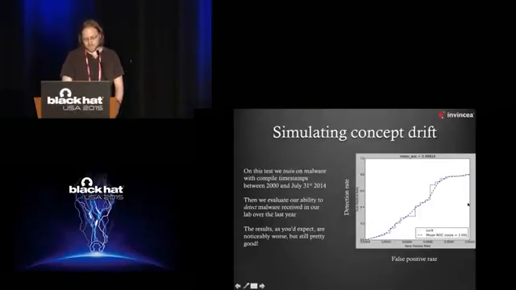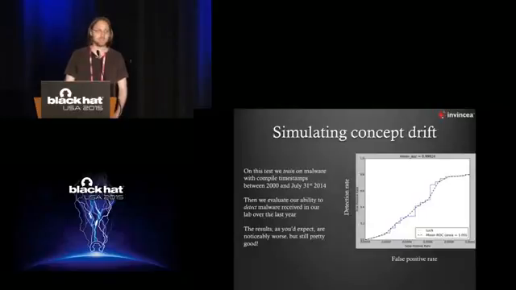In this case, at a 0.001 false positive rate, we're able to detect about 80% of the malware, which is interesting. It validates what we all know: malware is evolving, and the more time lag you put between your training data and your test data, the worse your classifier is going to do. And this is what I was talking about in the first part of the talk.